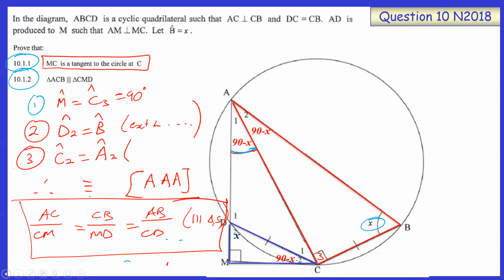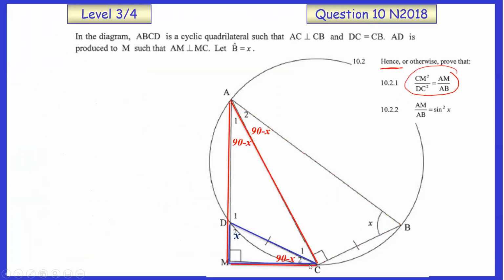Okay, now let's come to our question. If you notice these triangles, if you look a little closer, we proved that ACB was similar to the blue triangle, DMC, am I right? But did you notice that triangle AMC is also similar to ABC?